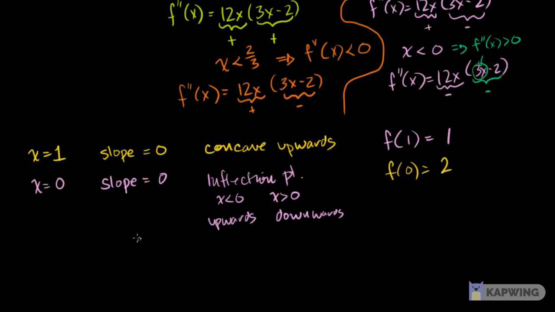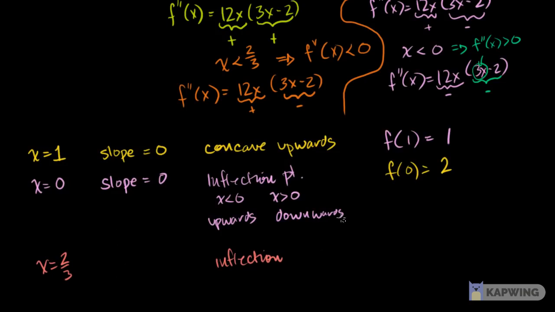And then finally, we got the point x is equal to 2/3. We figured out that this was an inflection point. The slope definitely isn't 0 there because it wasn't one of the critical points.